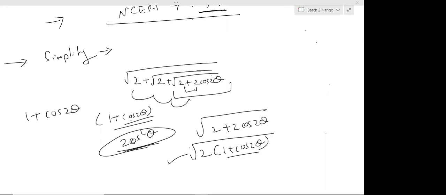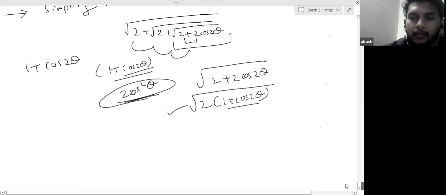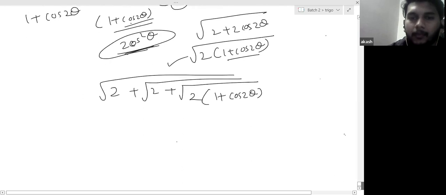Right, let's see. Taking 2 common here, I'll have 1 plus cos 2 theta, and this is 2 cos square theta.